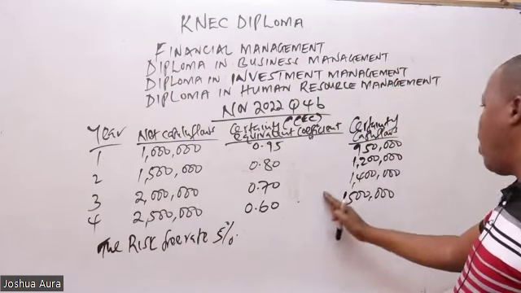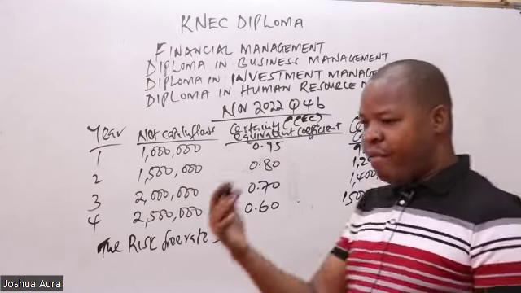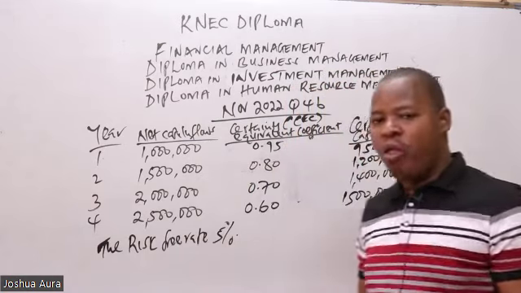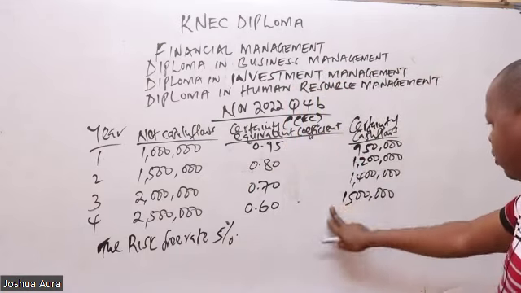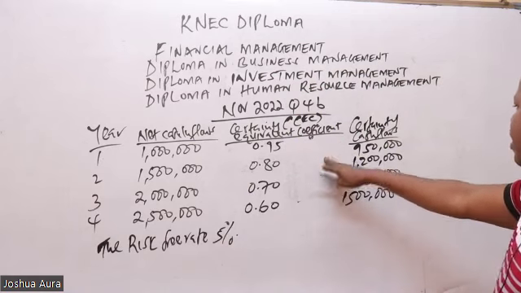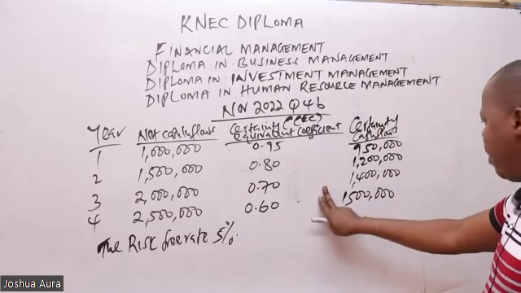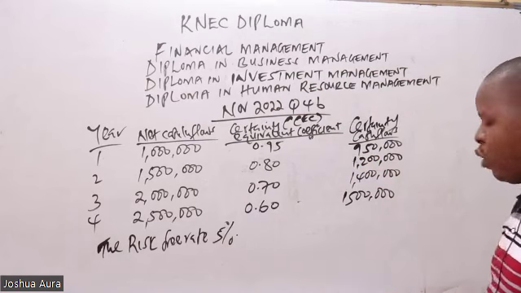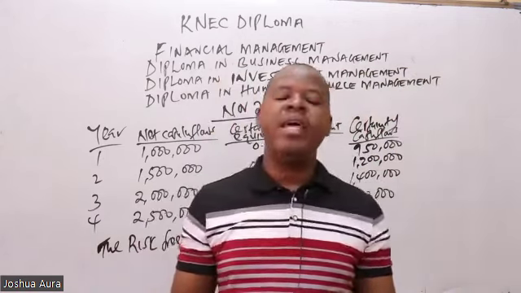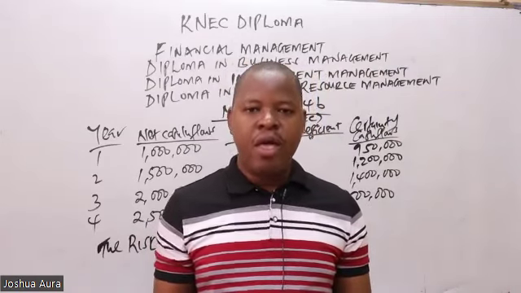Are they regular or irregular? Are they fluctuating or constant? The first year is 950,000, second year 1,200,000, third year 1,400,000, fourth year 1,500,000. So they are not regular. They are irregular, they are dancing.